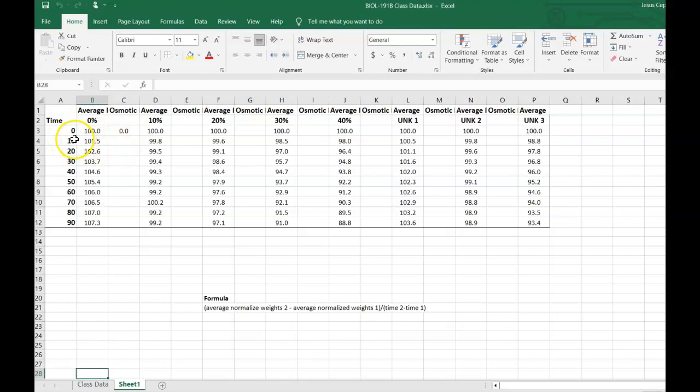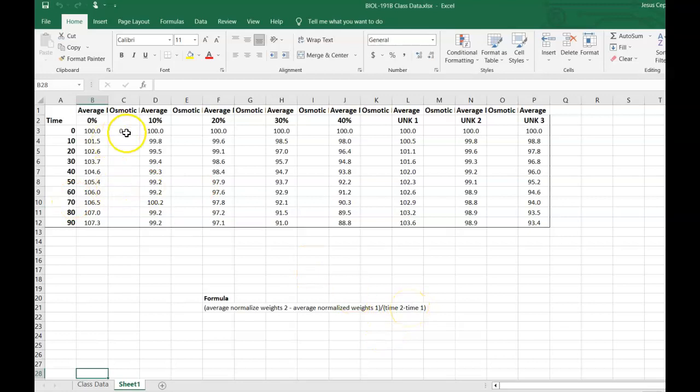Then when you move down to the actual intervals, you're going to have to use the formula that's provided on your homework, where you get the average normalized weight and you subtract the previous average normalized weight. Then you divide that by 10, because it's time 2 minus time 1. Since we're doing 10-minute intervals, this is always going to be 10.